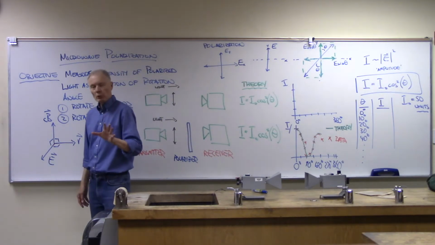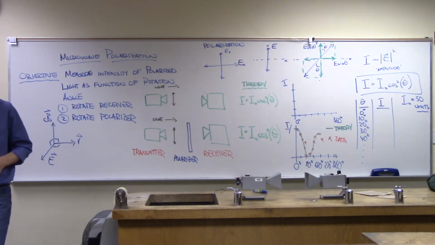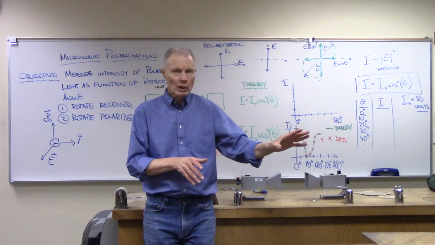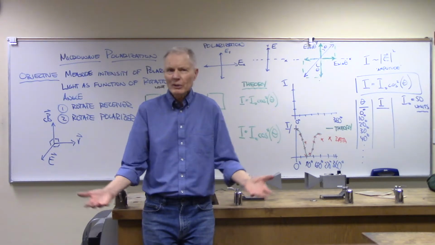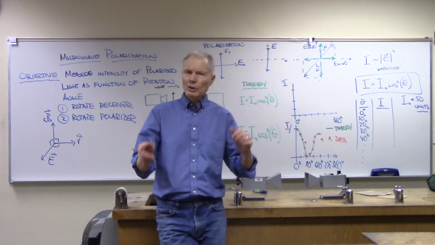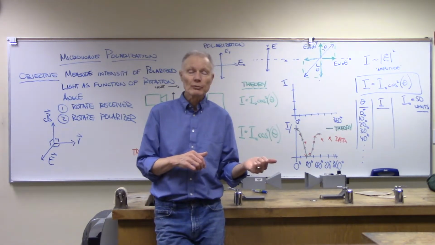Now, what we also learned back in chapter 31 is that when we're looking at these long-distance photons, the light we looked at in chapter 31 was different from the electric and magnetic fields we had looked at in previous chapters.